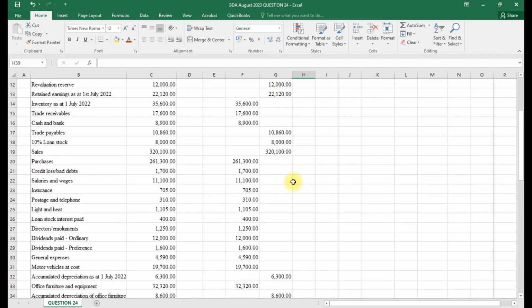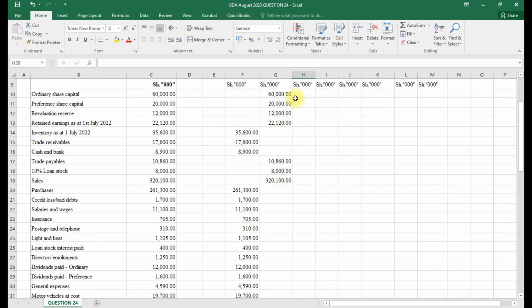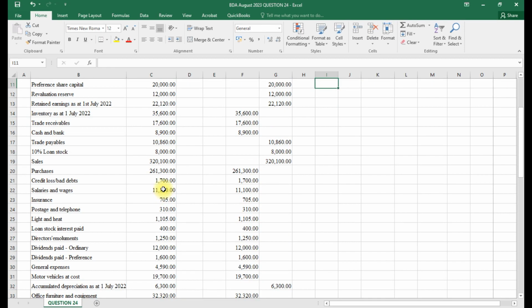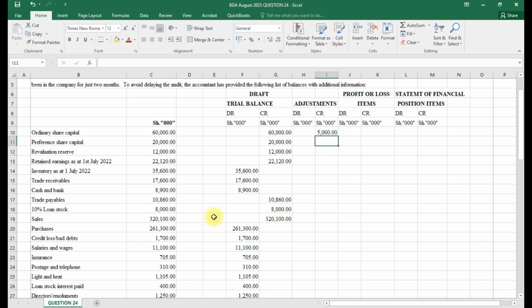Our ordinary shares, we credit the same value, 5,000, that way, at par.